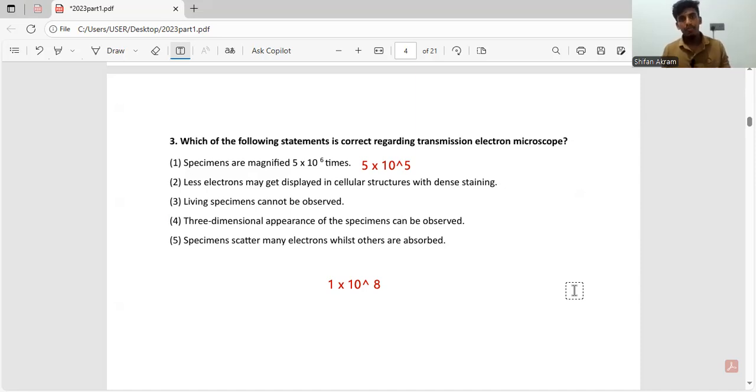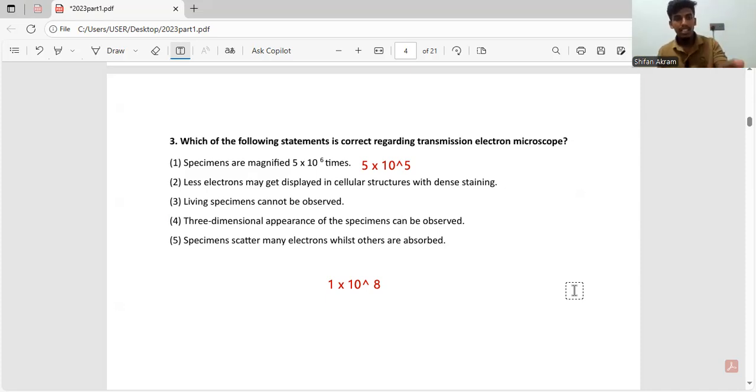When we stain them, the electrons can't pass through them, and they start to scatter. Only in the unstained part the electrons will pass through. So on the final image, on the display, we'll get bright areas and dark areas. The dark areas are the organelles because the electrons didn't pass through those areas.